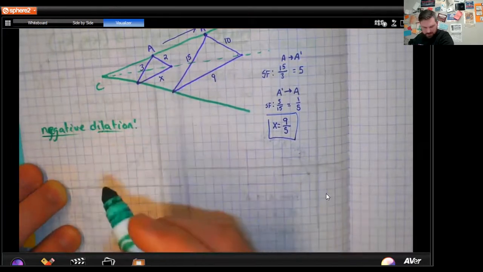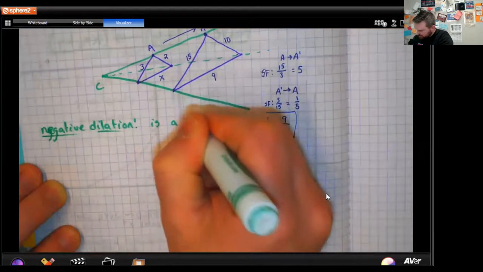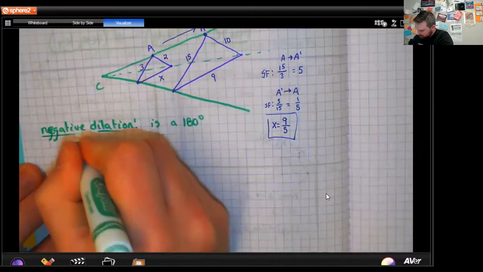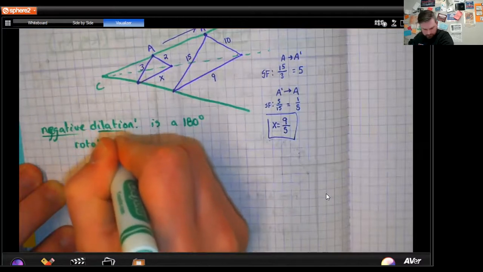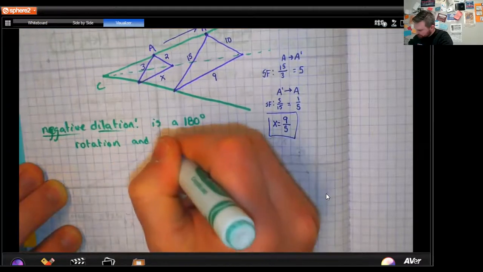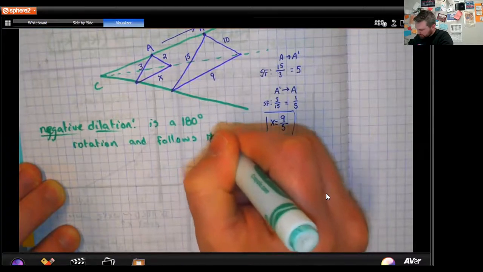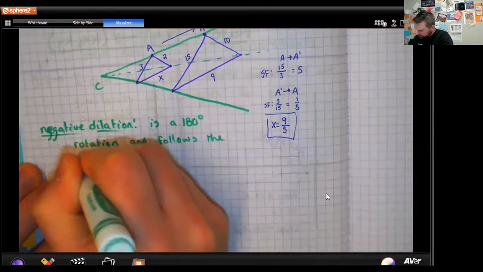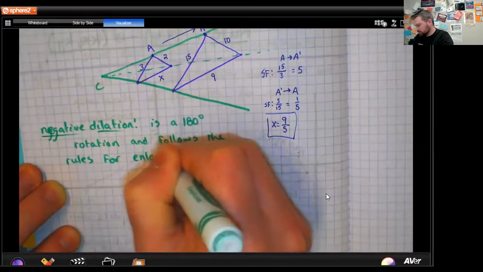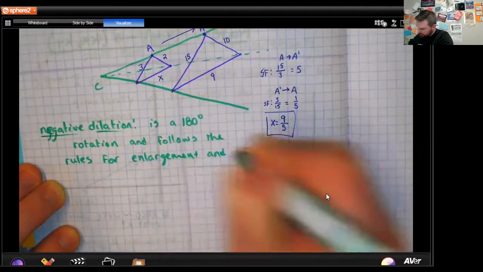Okay, a negative dilation is a 180-degree rotation and follows the rules for enlargement and reduction.